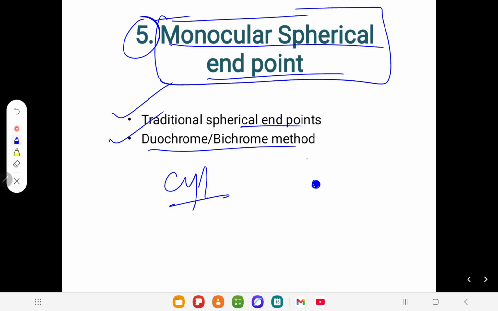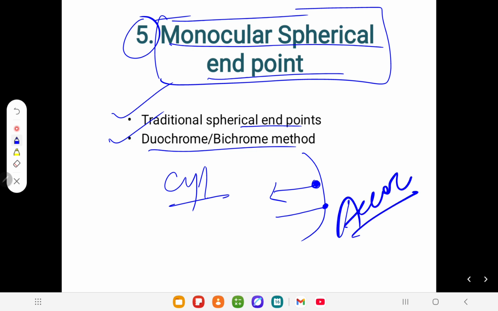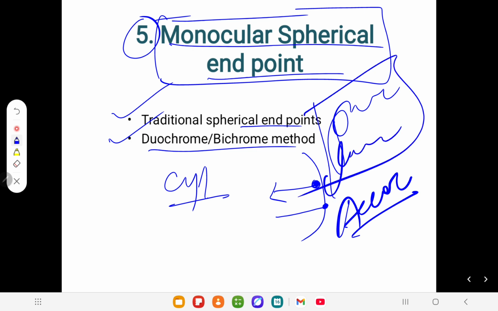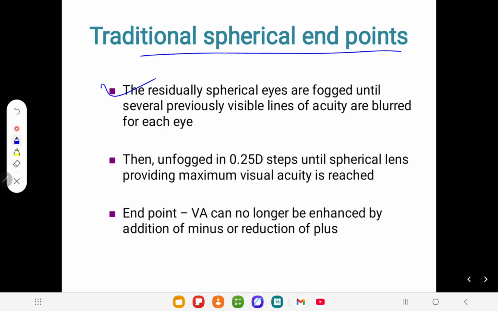Now we want that point image to come in front of the retina and just touch the retina so that our accommodation is relaxed, so that we put the highest plus and lowest minus, which we already defined in subjective refraction. The target is always that. So that's why in the traditional method, what do we do? We fog and unfog. That's simple.